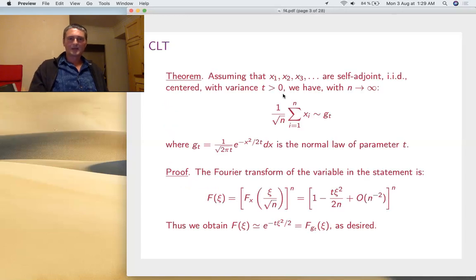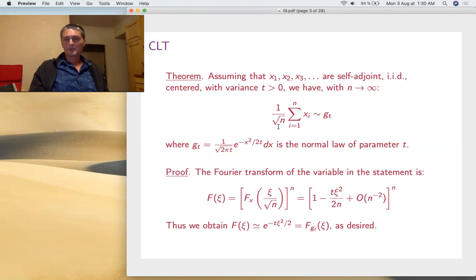First of all, we have this thing that we already saw last time, or even in the first lecture, that's the classical CLT. So if you take self-adjoint variables, which are IID, centered, with the same variance t, then these averages, which are not exactly averages, we scale by square root of n, follow, in the n goes to infinity limit, the normal law of parameter t.